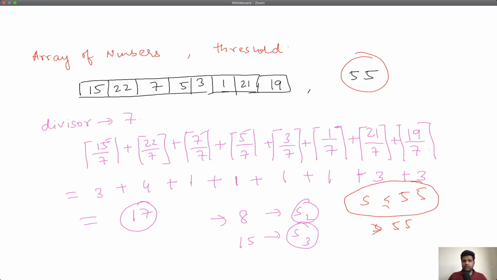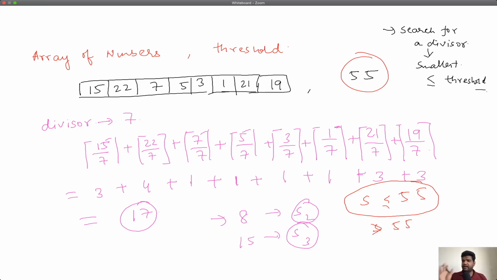Natively, what you have to do is search for a divisor, and not only just a divisor, you have to search for the smallest such divisor, such that the sum that you get is less than or equal to the threshold. This is what the problem is.